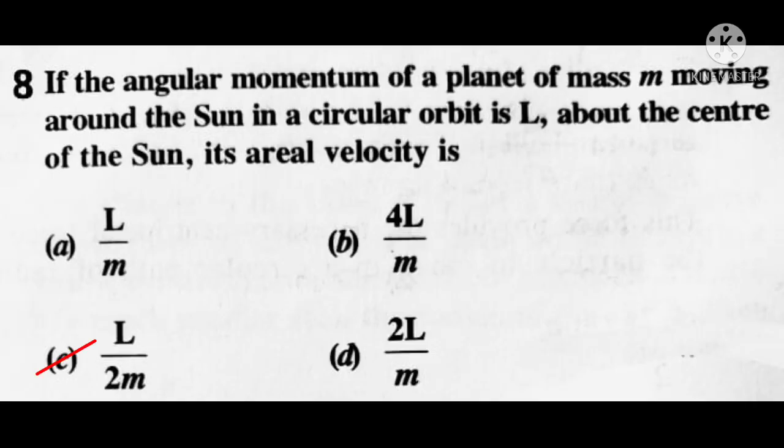In this question C is the correct option, L over 2m. If the angular momentum of a planet of mass m moving around the sun in a circular orbit is L, about the center of the sun, its areal velocity is L over 2m.